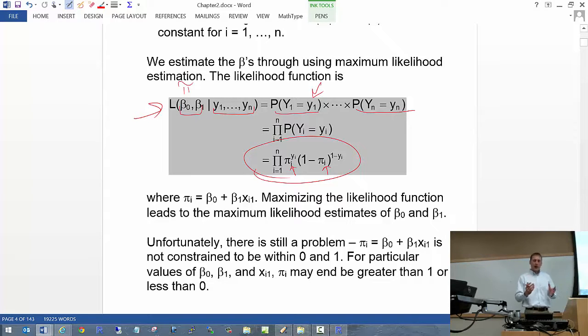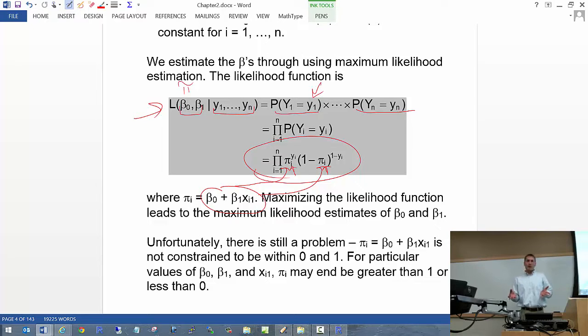In this pi sub i, what you need to do is plug in this linear function. I don't do it because it's more compact like that, and I can draw comparisons more easily to section 1.1.